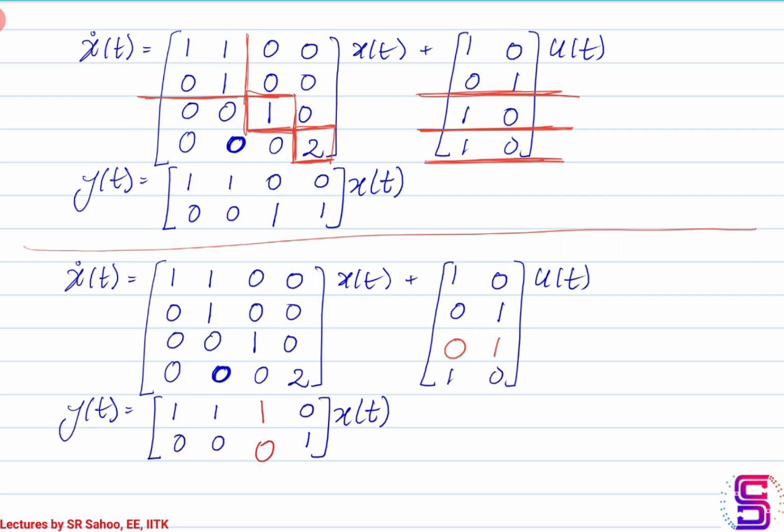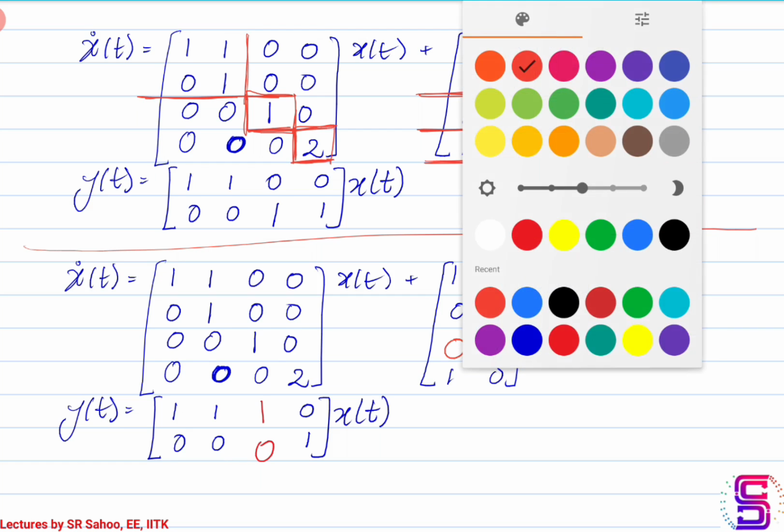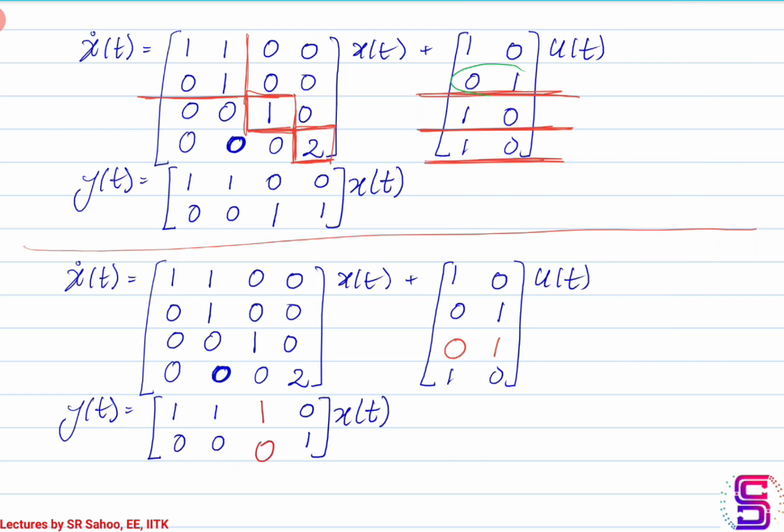The Jordan block that you have here, of 2 cross 2 size for eigenvalue 1, has the corresponding last row here, which is this. Similarly, for this particular Jordan block, this is the row that we have.